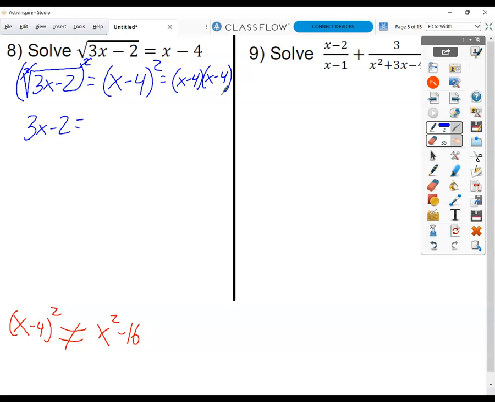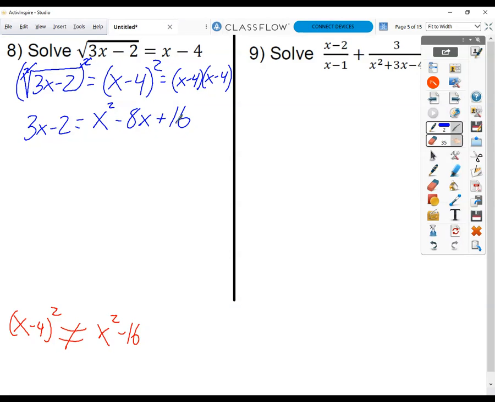Be careful of that. And if you FOIL out x minus 4 times x minus 4, you will get x squared minus 8x plus 16. It's going to give you a completely different answer. And even if you get x squared plus 16, you're going to get one answer right, but you're going to be missing the other one.